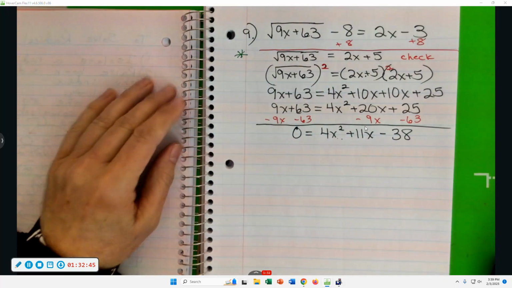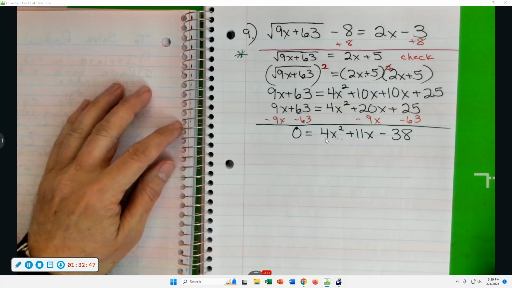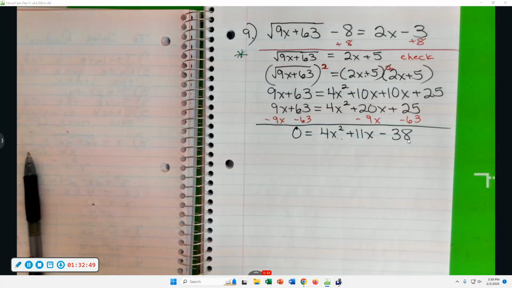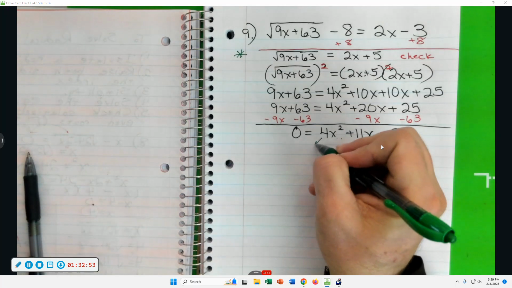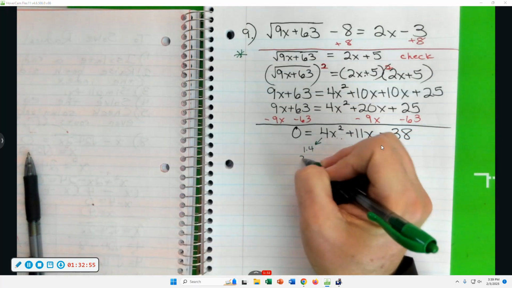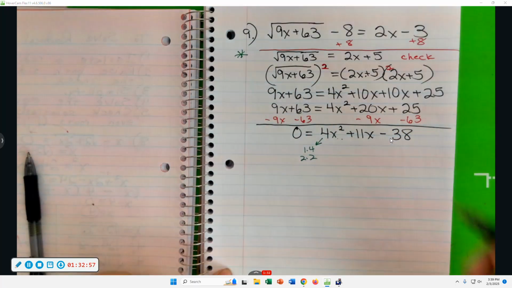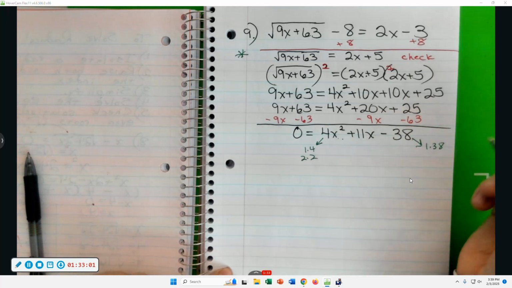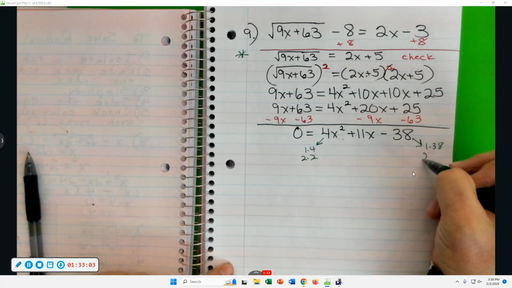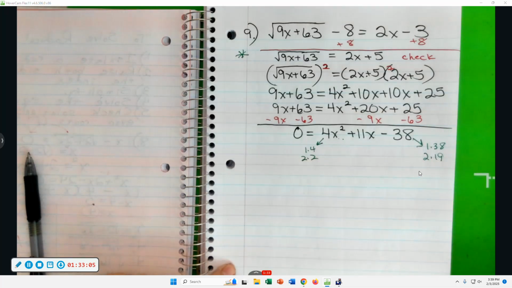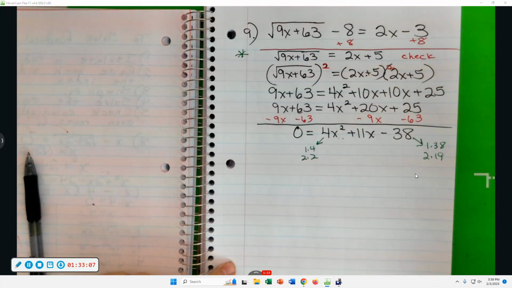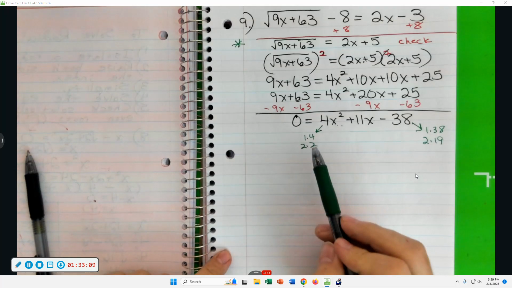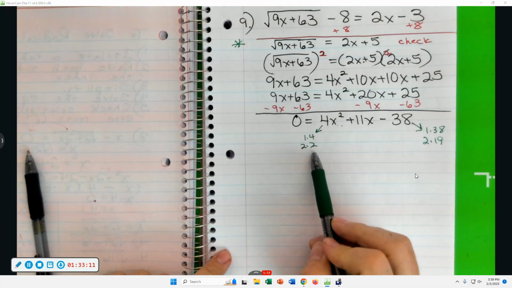Now, for me, it doesn't look bad at all, because 4x squared is either 1 times 4 or 2 times 2, and 38 is either 1 times 38 or 2 times 19. 2x and 2x, that's what most people would want to try. That cannot work.